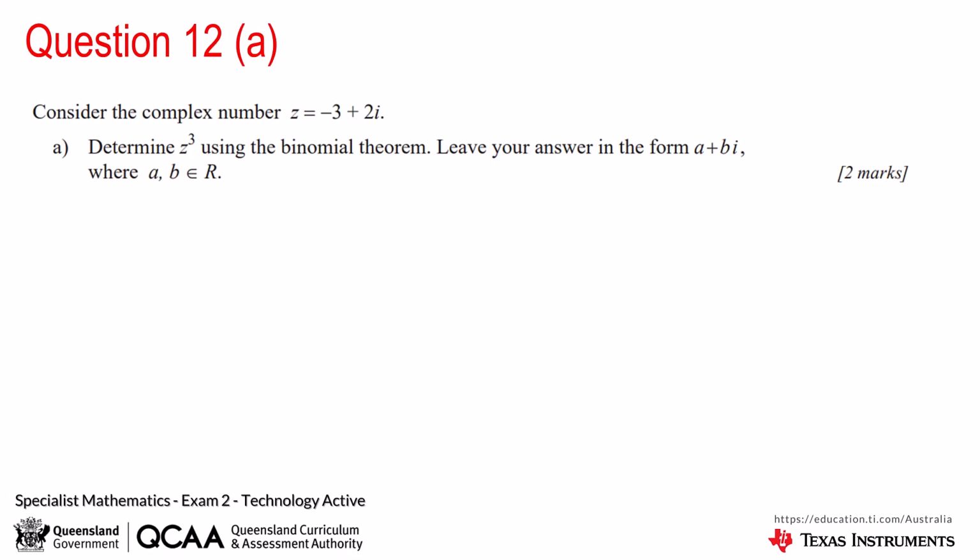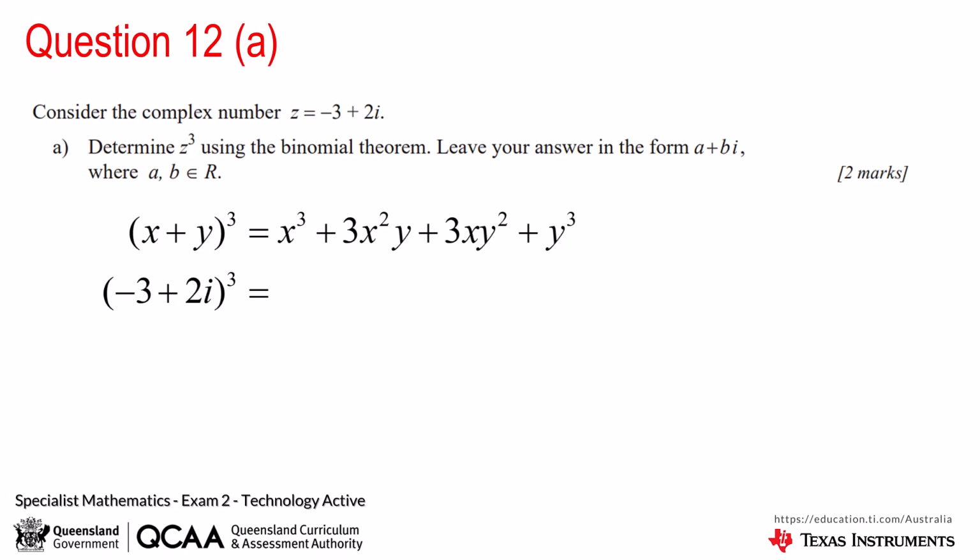Question 12A is worth 2 marks. We're given a complex number z, which is equal to -3 plus 2i. And we're asked to use the binomial theorem to find z cubed. Now, as this question's worth 2 marks, you will need to show use of the binomial theorem.